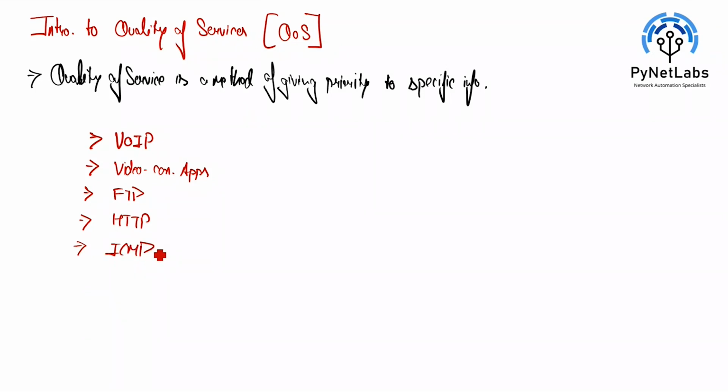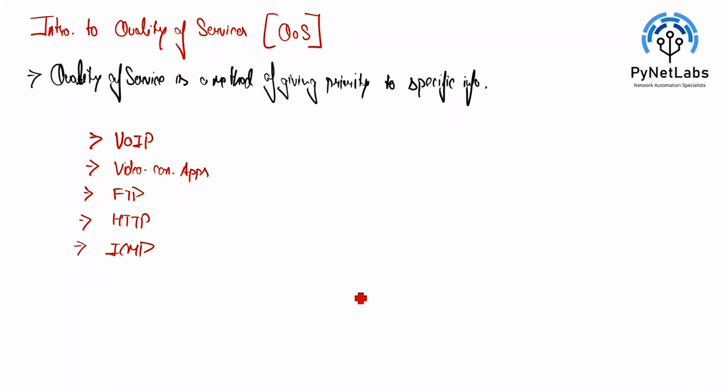So there can be different types of traffic inside our organizations, as per the enterprise needs. Let's say that in your organization you have connected some IP phones. There are also some applications used in the network which are going to utilize a lot of bandwidth.